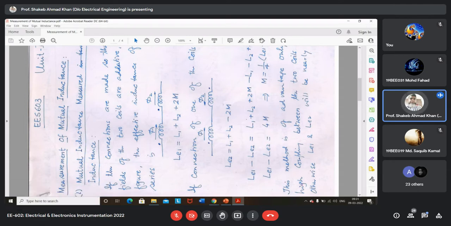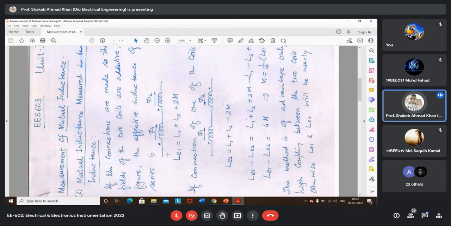Self inductance is basically the flux of that coil linking itself per unit current. But mutual inductance is the flux of one coil linking another, per unit current. That is called mutual inductance. So whenever two coils are kept near each other, because of the flux linkage there will be mutual inductance also.